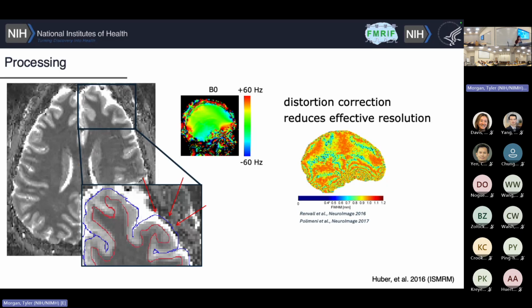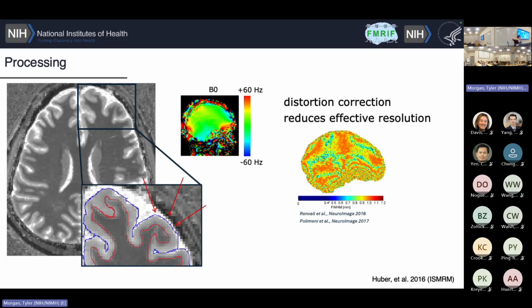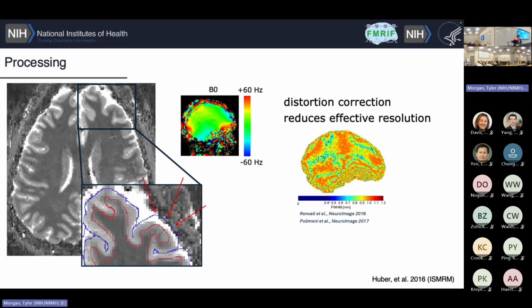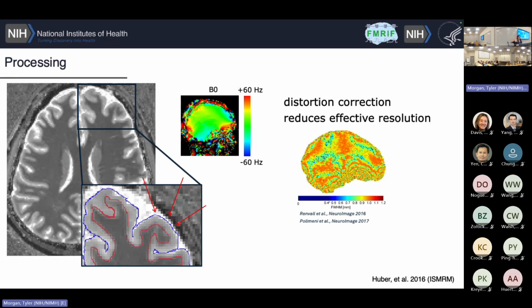One of the maybe convenient things about distortions and the fact that they're caused by field disturbances is that if you just flip the direction that you're collecting your scans, all your distortions will still exist, but they'll be exactly opposite. And so rather than the brain getting kind of splayed out from the front, it might get sucked in. And so then you can use algorithms that basically try to understand, okay, if the brain is here and it's here, well, the real position must have been exactly in the middle, etc.